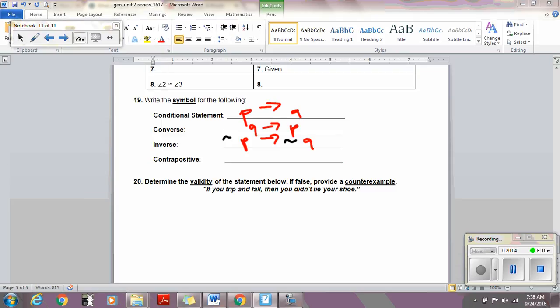The contrapositive is if not Q, then not P.